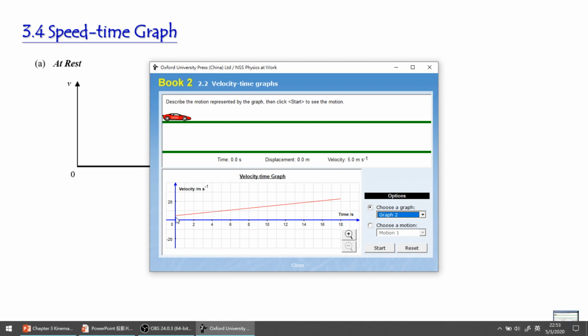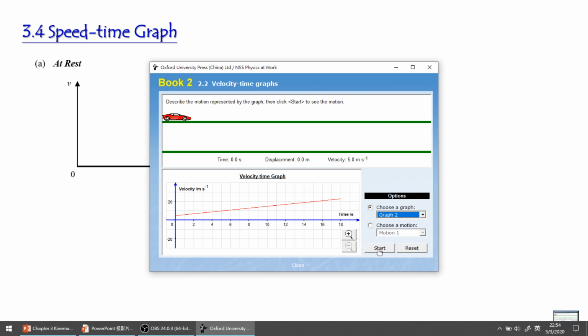And then the speed of the car increases constantly, up to 10 meters per second in 5 seconds, and then up to 20 meters per second at 15 seconds, and so on. It seems that the car moves faster and faster.